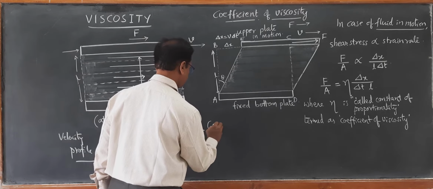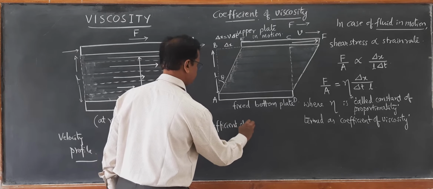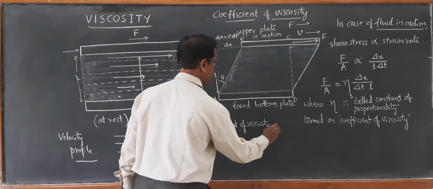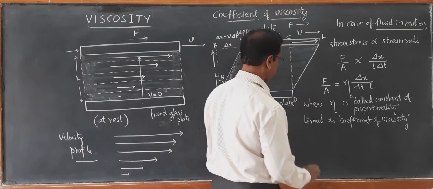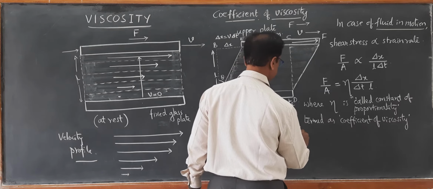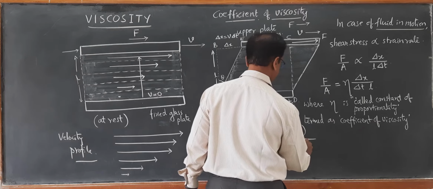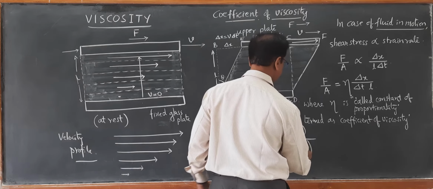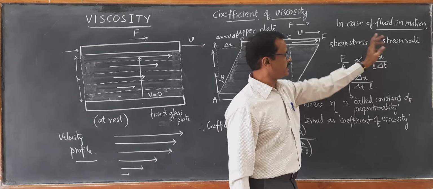Therefore, coefficient of viscosity eta is equal to F by A divided by delta x by delta t into L. Delta x by L is the strain.